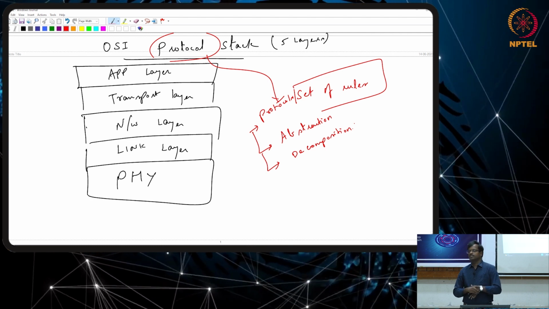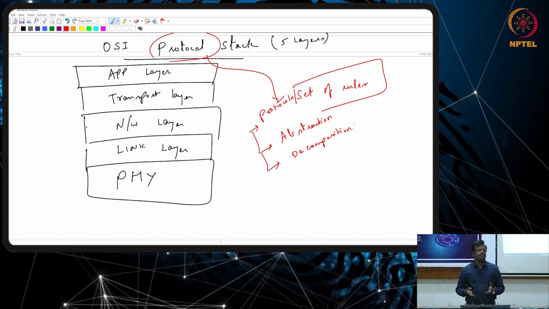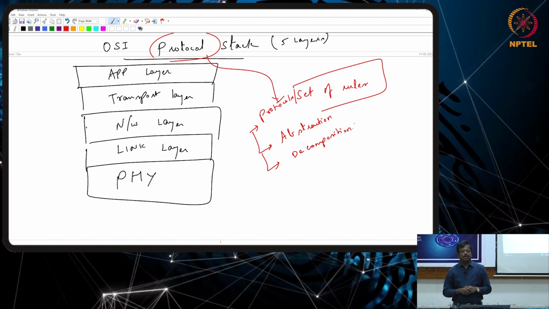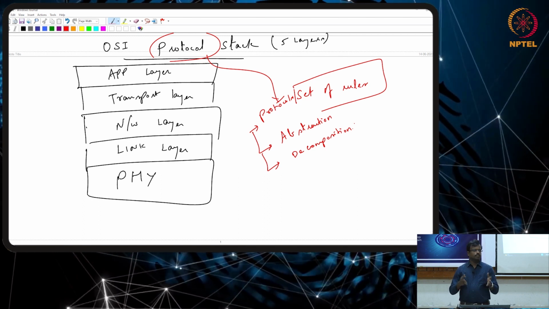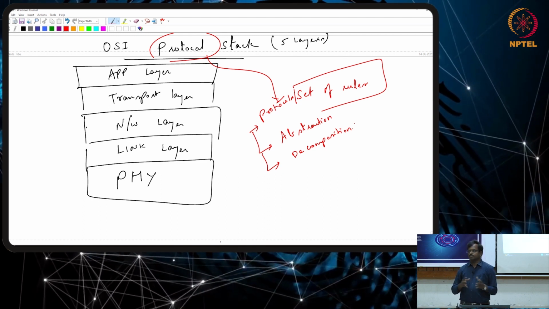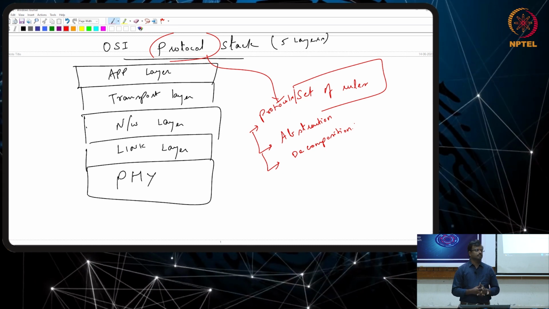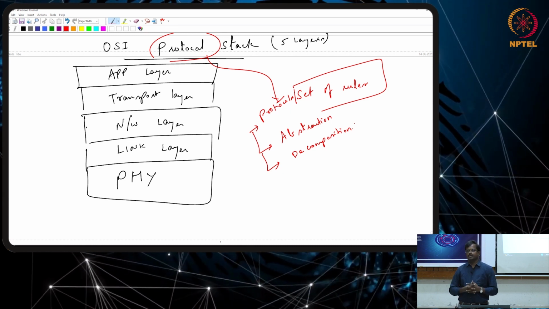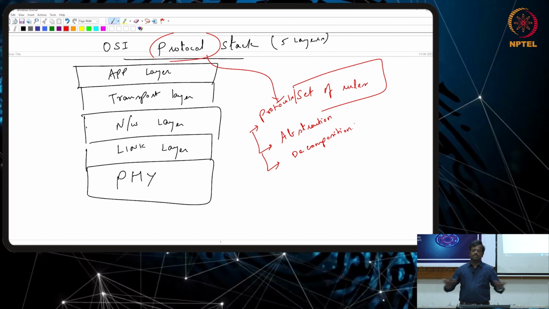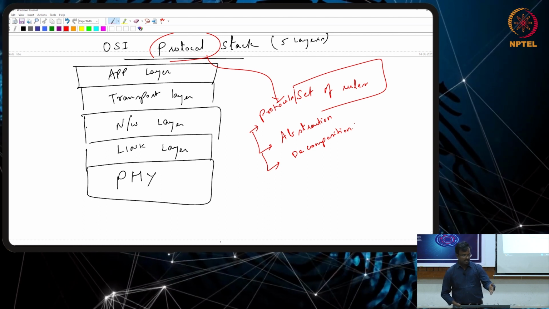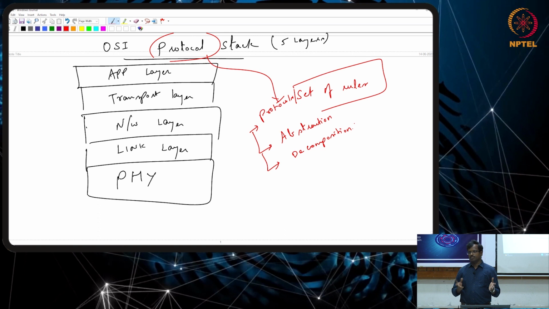And what is decomposition or hierarchy? If you have a big problem to solve, you break the problem down into multiple sub-problems so that you can focus on solving each one, and then you arrange these sub-problems vertically or horizontally. For example, you see this whole network as a problem.